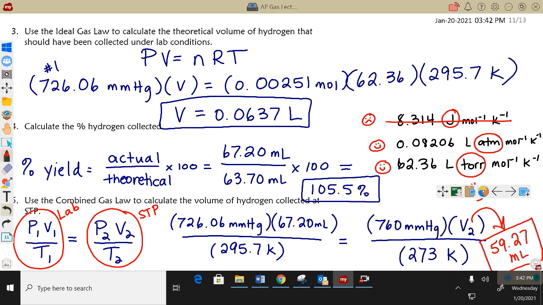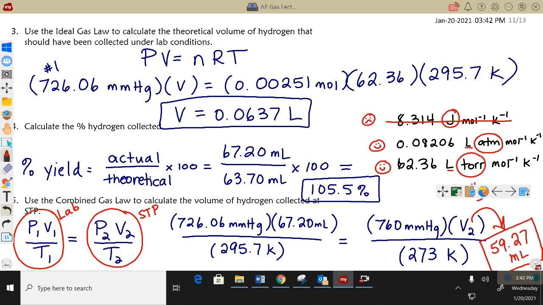It's fine to use volume here in liters or milliliters. When you're using PV = nRT and you've got those constants, then it's got to be in liters because the constant was measured in liters. Here, as long as the volumes were in the same unit, it doesn't matter.